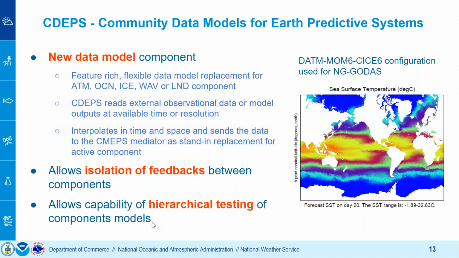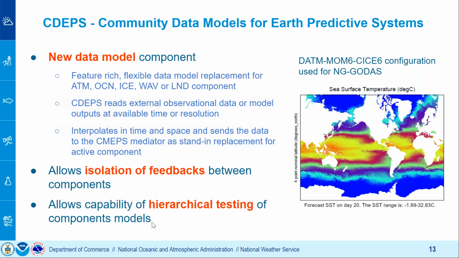And CDEPS, all those data models, read external observation data or model output data at available time and resolution. And it can do interpolation in time and space. So it can basically send data to the components that require those data sets.